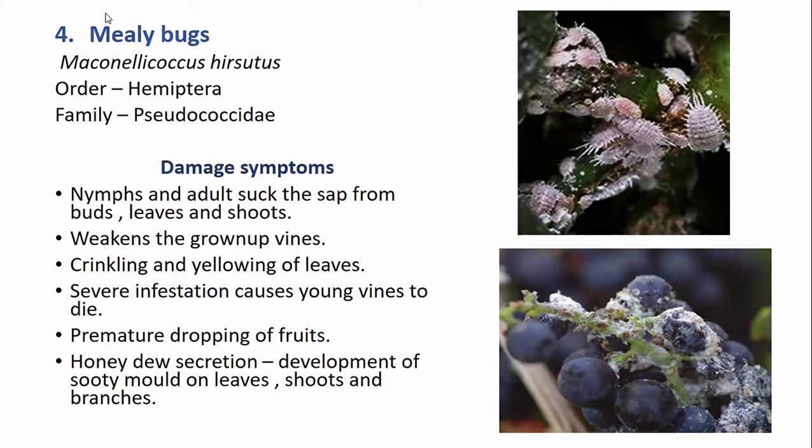Affected vines become weak, with greening and yellowing of the leaves. Severe infestation causes young vines to die, and premature rotting of fruits also occurs.